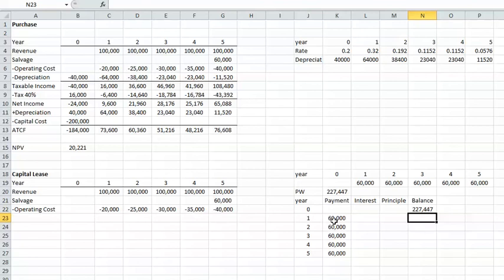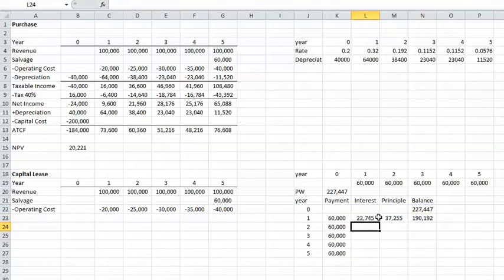Then we go to year 1. The interest portion of the $60,000 equals the 10% capital lease interest rate multiplied by the balance. The principal equals the payment minus the interest, and the balance equals the balance of the previous year minus the principal.